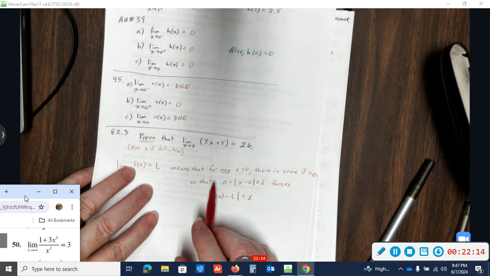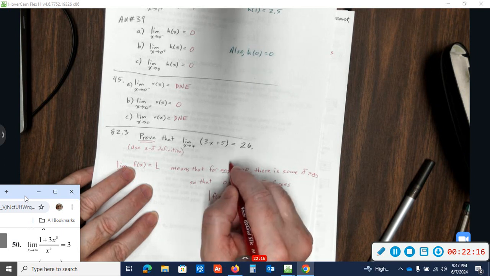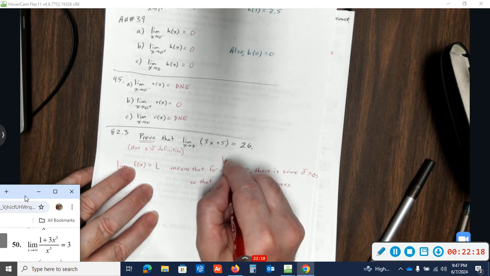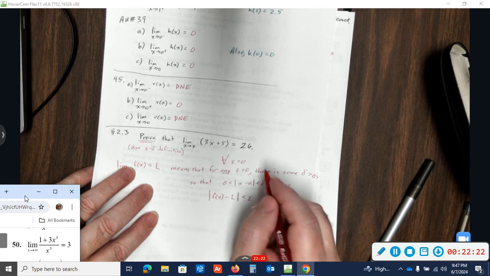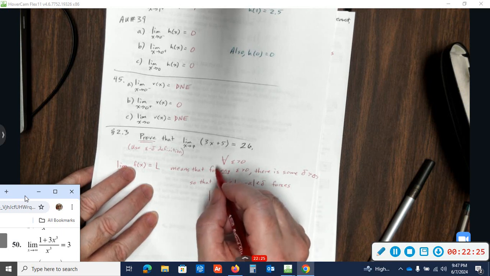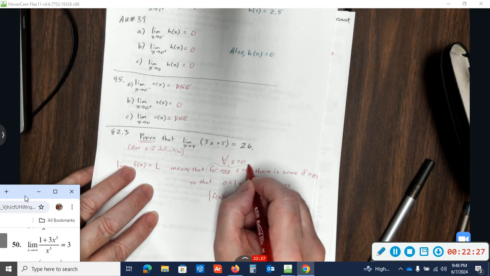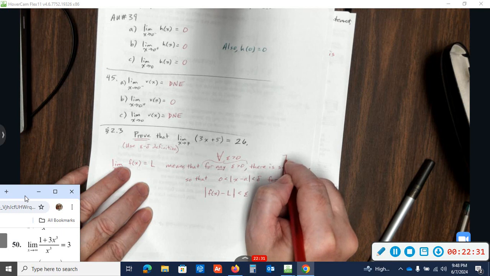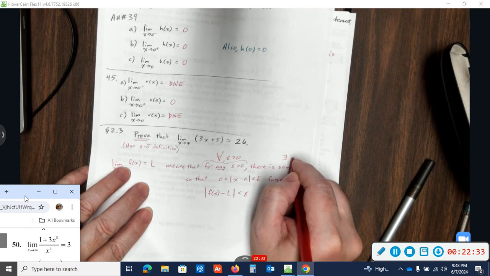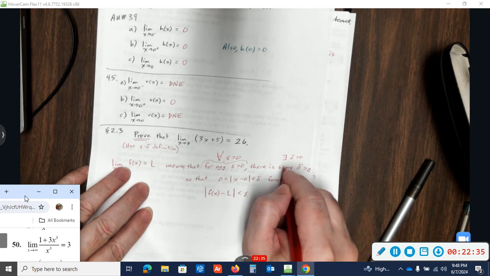If you look this up online, you sometimes see funny symbols. So for any epsilon greater than 0, there's an upside down A that means for any epsilon greater than 0. And there exists some delta. You'll sometimes see a backwards E, delta greater than 0.